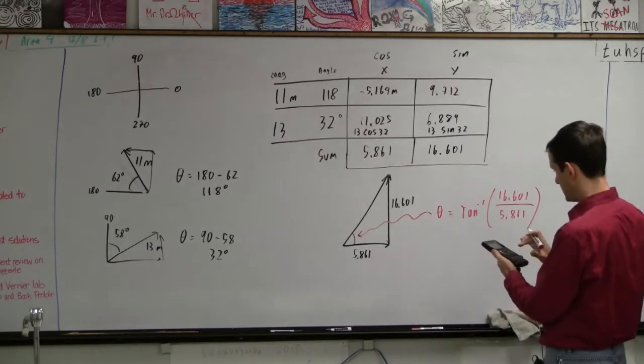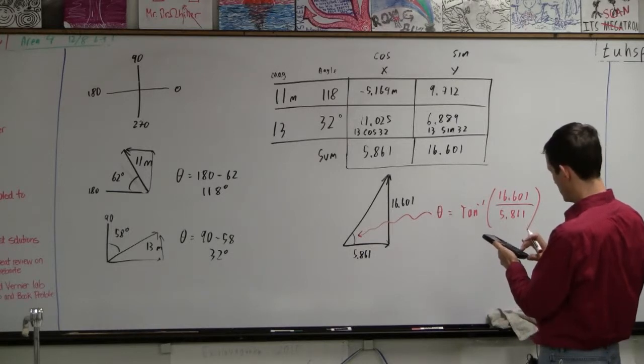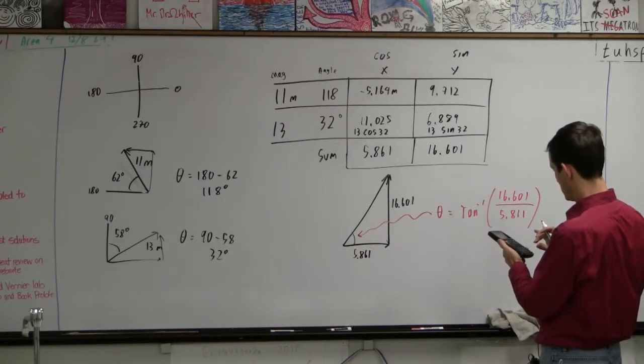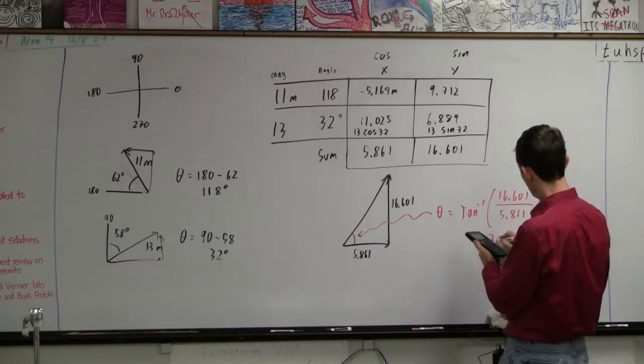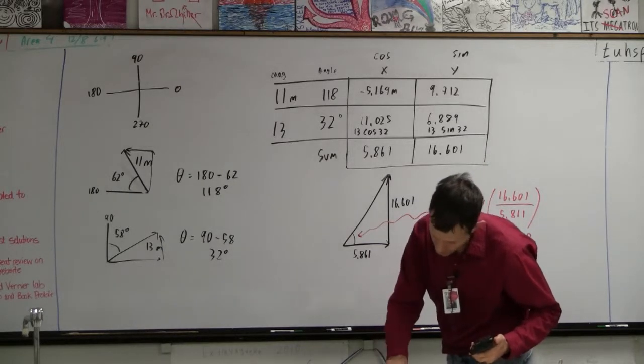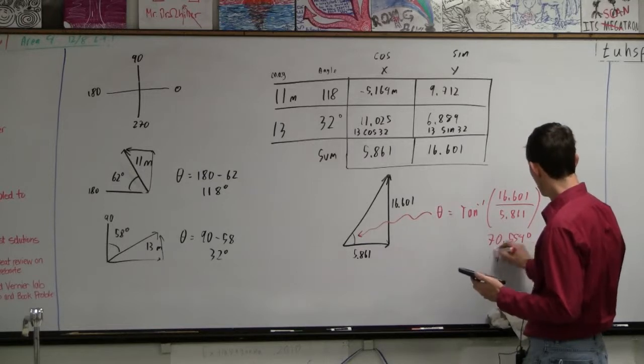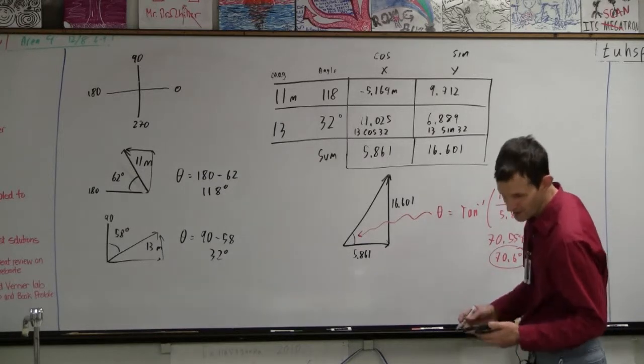So second tan, 16.601 divided by 5.861. And I get 70.554 degrees, and the sheet says 70.6 degrees. I'll go with that. That's 3 digits, I gave you 2.